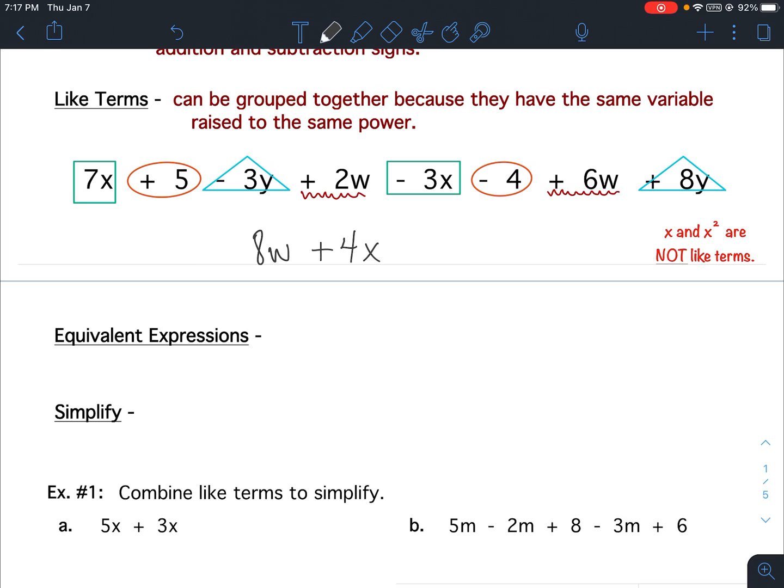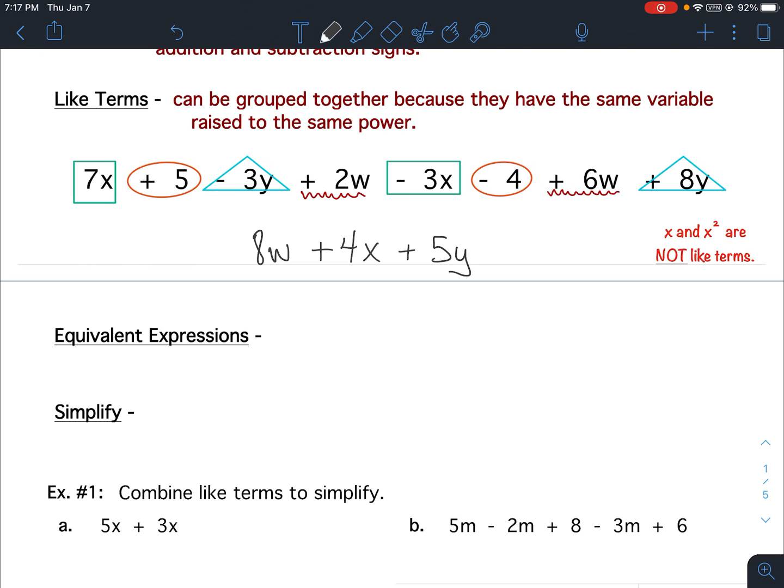After x would be our y terms. So -3 plus 8. If you're doing this on your own, you should be using your calculators to do this. But -3 plus 8, in other words, 8 minus 3, would be +5y. And then last would be our constant terms. So that would be our +5 and our -4.